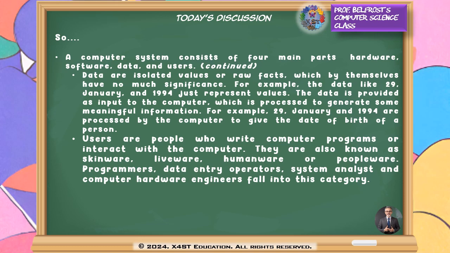It is just a regular user, ordinary people. Okay. There are many terminologies to describe users like skinware, liveware, humanware, peopleware. Programmers, data entry operators, system analysts, and computer hardware engineers fall into this category actually, as well as just basic users.